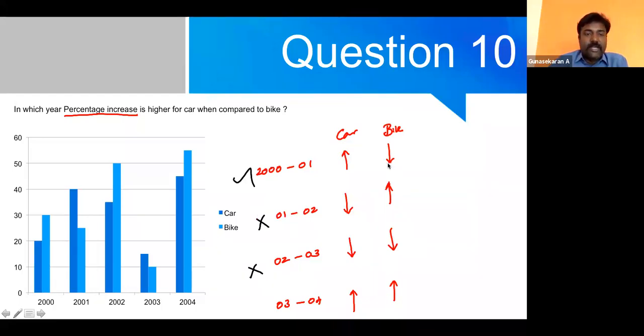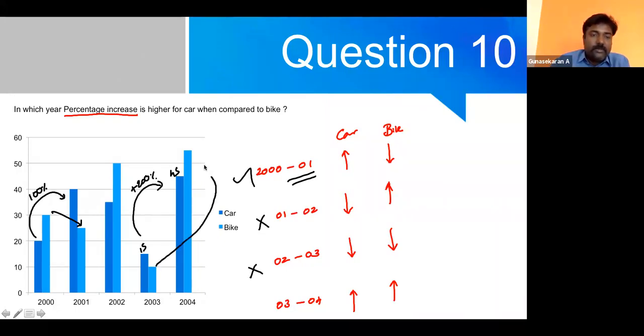If you want the value, car you see 20 to 40, 100% increase. Bike it is decreasing. So answer is 2000 to 2001. In 2003 to 4, if you see 15 to 45, it increased by 200%.